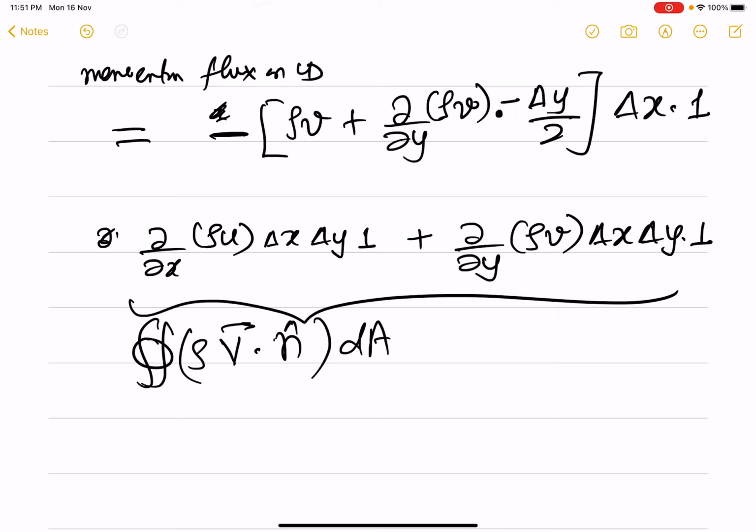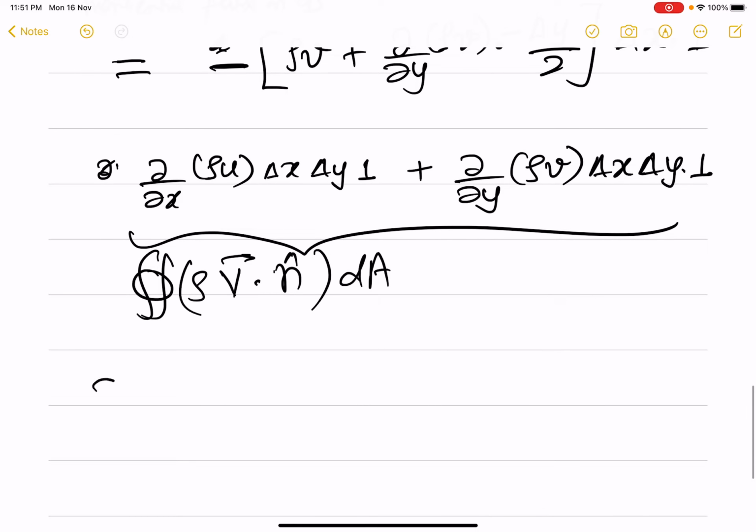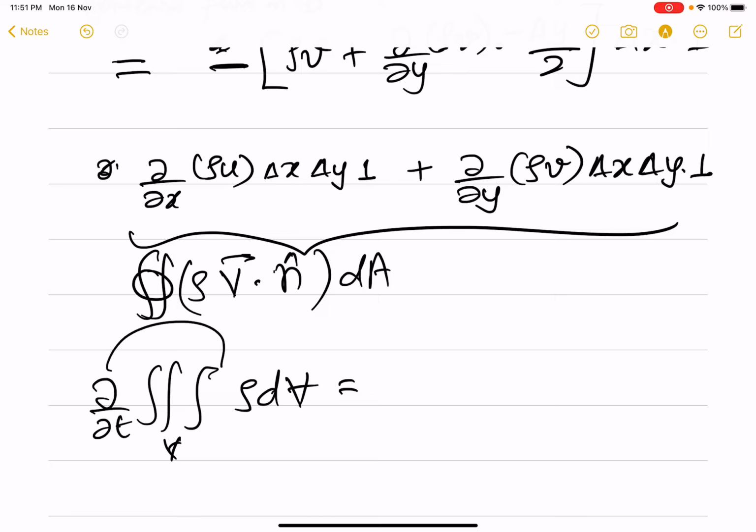Okay. And now if we look at the first term, d by dt of rho dv. So now this is a fixed volume, so d by dt can go inside. So this will become partial rho by partial t times integral over the volume. It's a small volume, so we write this as delta x times delta y times 1.